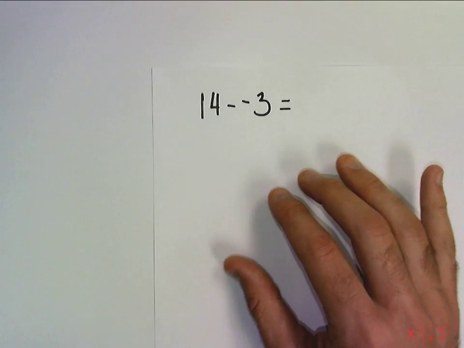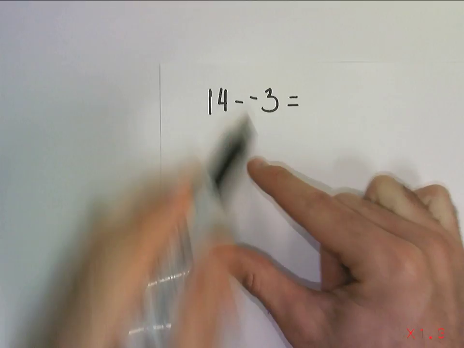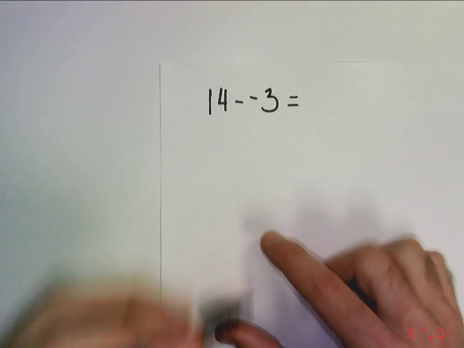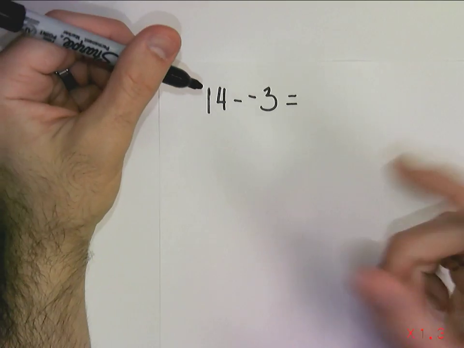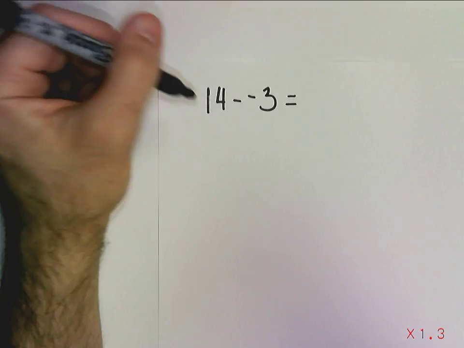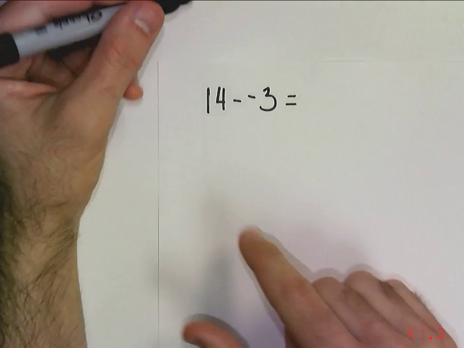So thinking back to that keep, change, change method, we're going to keep the sign of this first number, which in this case happens to be a positive, but we're not going to write a positive here. We just assume, or we know, that 14 is positive if there's no sign to indicate that it's negative.